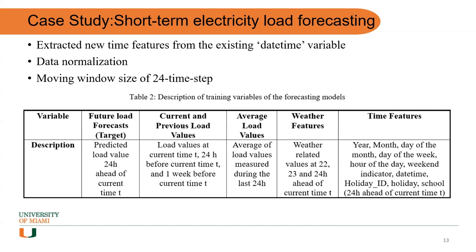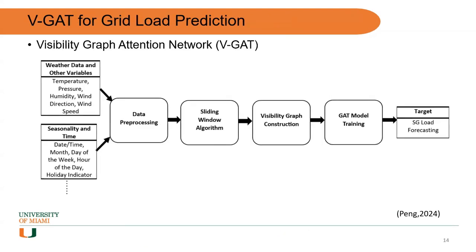In this case study, we first extract new time features from the existing time variables. Then we normalize the data and use a moving window of 24 hourly time steps to intercept different data sections and convert these data sections to visibility graphs, as you can see here from this visibility graph attention network flowchart.